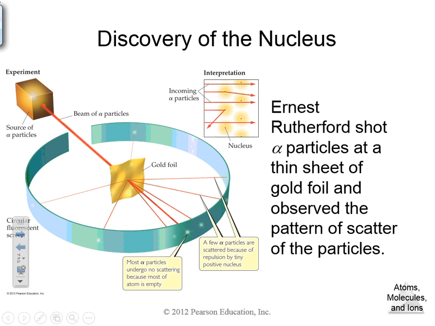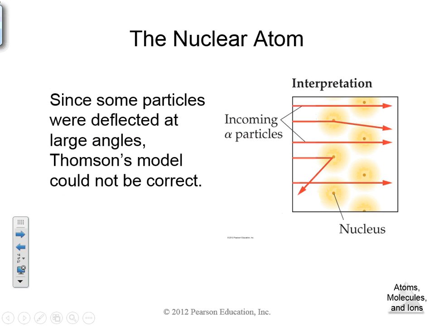Then Ernest Rutherford also discovers the nucleus. So he has three types of radiation and the nucleus. And he figures out that this model is not correct. By doing a couple of experiments, he finds out the plum pudding model is not the correct way.